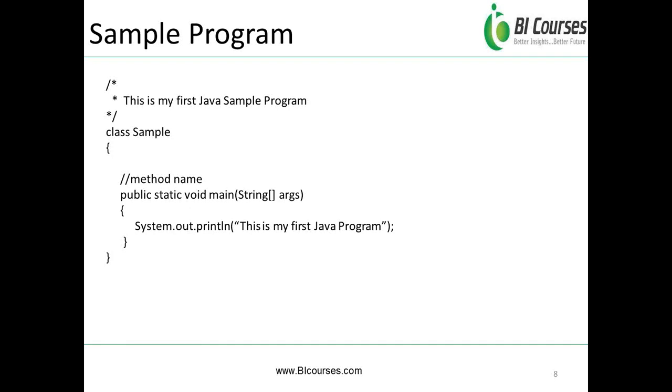After this we have one statement, public static void main, enclosed with string arguments. It also starts with open braces, and it has System.out.println, this is my first Java program.